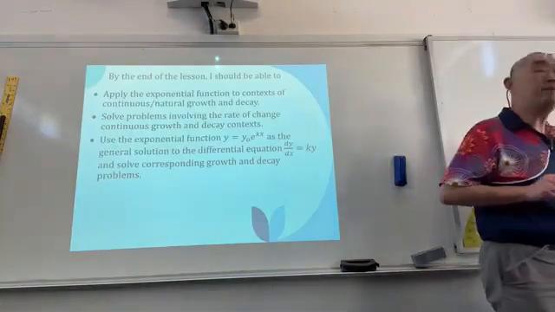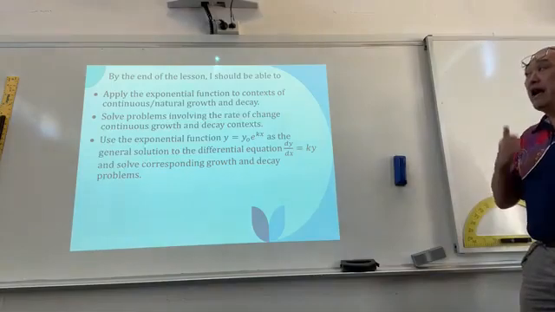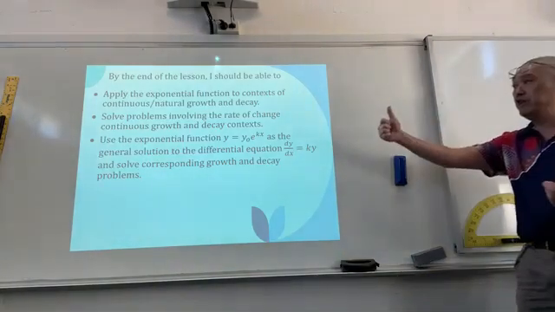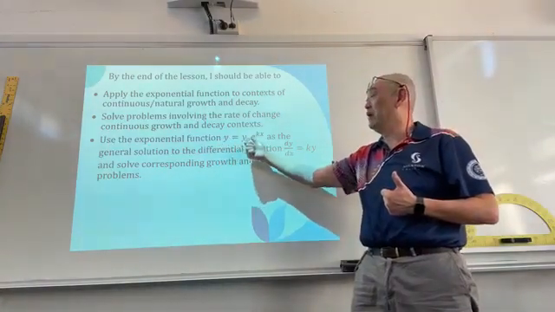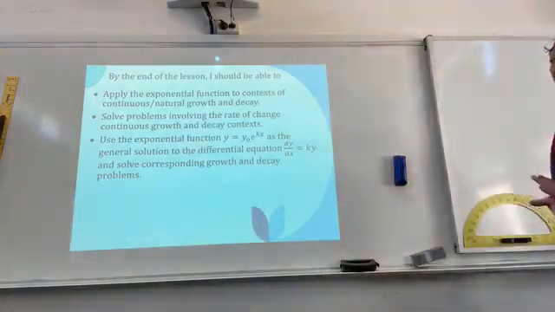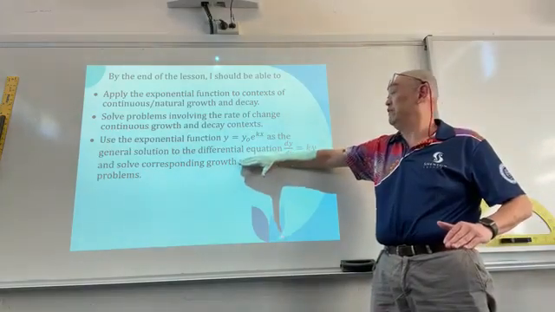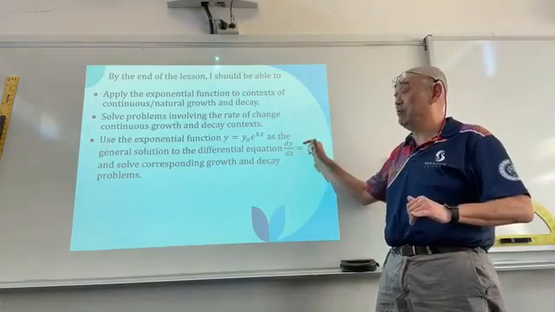After today, you should be able to apply the exponential function to the context of continuous and natural growth and decay, solve problems involving the rate of change, and then use the exponential function y equals y naught e to the power of kx, or I've written there, y equals p naught e to the power of kx, as the general solution to any differential equation dy/dx equals ky. I will explain that a little bit more.